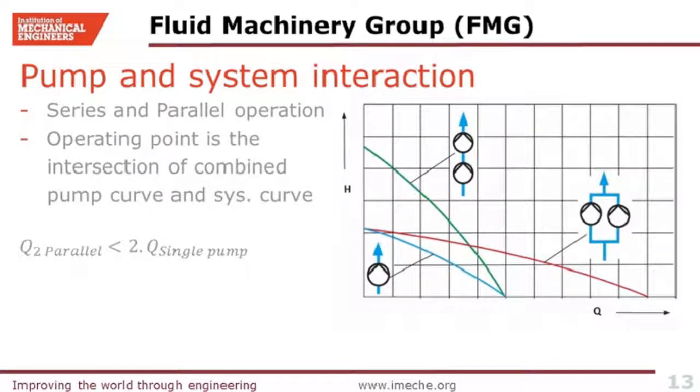Parallel operation can provide better flexibility in terms of availability, so it depends on the number of parallel pumps in service. If you lose one of them, the other pumps can still deliver. It's important to remember that parallel pumps are better to have identical performance curves. I'm saying better because it's not necessary, and I have seen non-identical pumps in parallel operations, but it needs careful analysis of the system interaction, specifically during the transient startup and stop sequences.